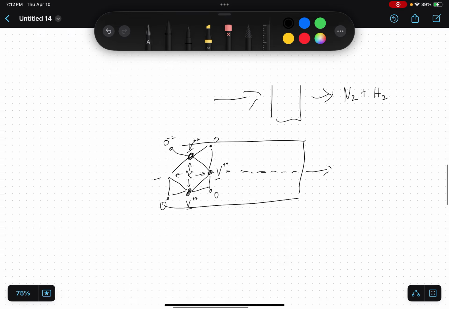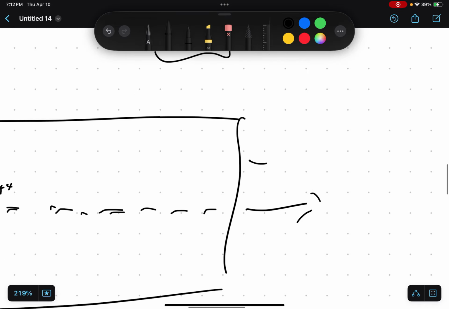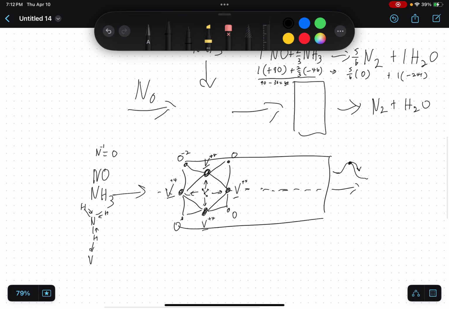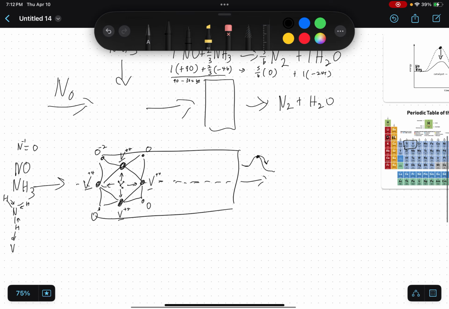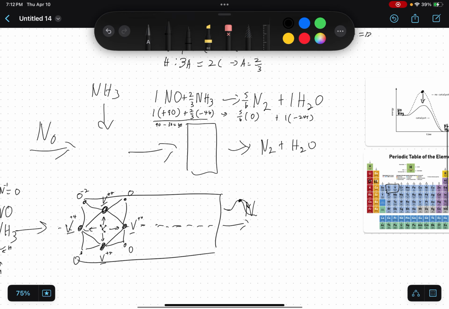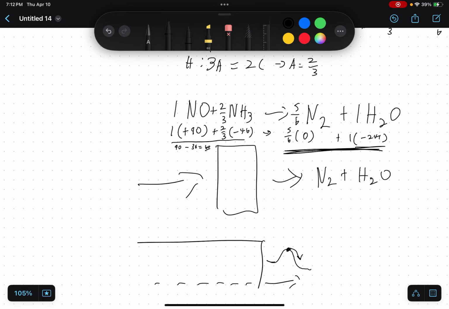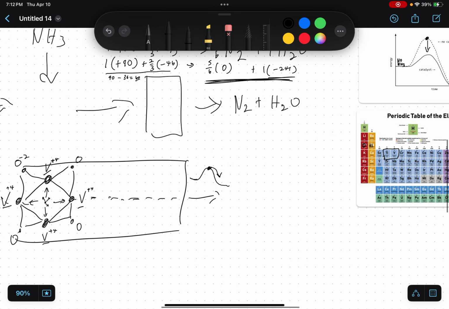And then at the end, it'll pick which side it falls on, and it falls down to the side it wants, which is the more favorable side, because the right side is a bigger negative number. So it'll go to N2 and H2O.